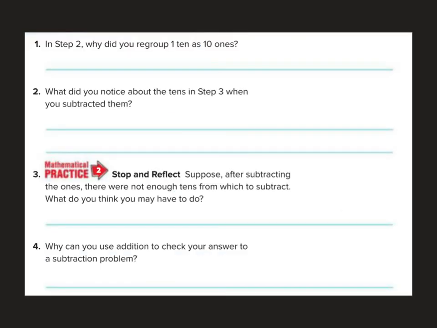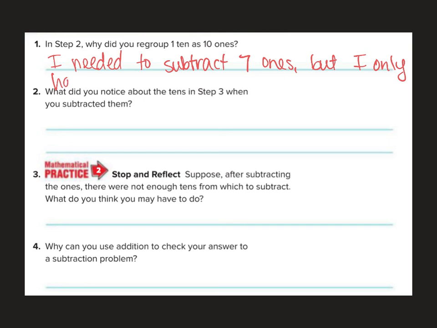All right, so here it says in step 2, why did you regroup 1 ten as 10 ones? We did that because we needed to subtract. You do not need to write this down, just listen along. I needed to subtract 7 ones, but I only had 4 ones.